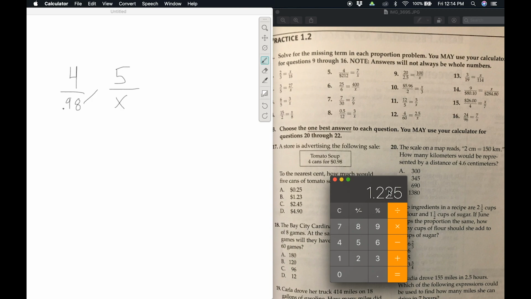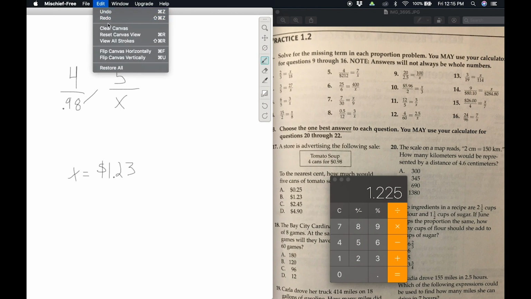So the nearest cent, since it's 5, we round it up and make it a 3, so 1.23. That's what x equals. Okay, so 5 cans is $1.23.